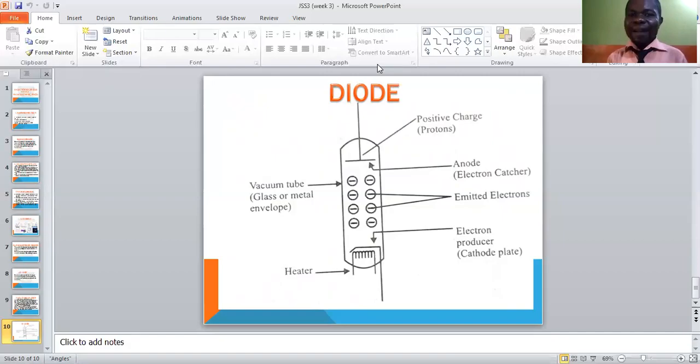We will have to quickly have a recap of what we have discussed. I have said that electronic basic emission is the release of electrons from an electronic element or device.